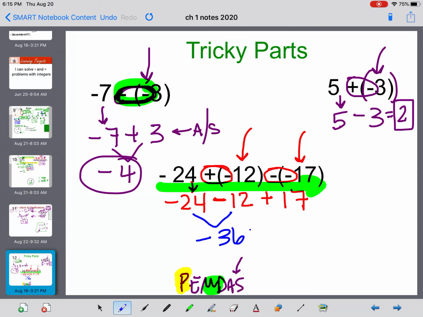And then I'm going to take my -36 and move down the line and combine it with the positive 17. A different way of thinking about this might be just dropping this positive 17 down, right? I'm combining those two together. Negative party or a battle. This is a battle. The negatives are going to win because there's more negative numbers here. And how many are they going to win by? 19.